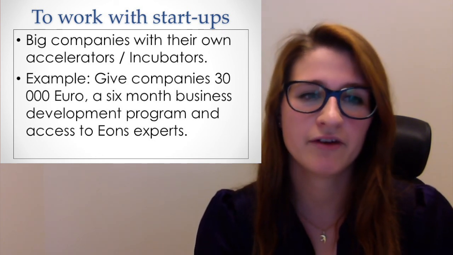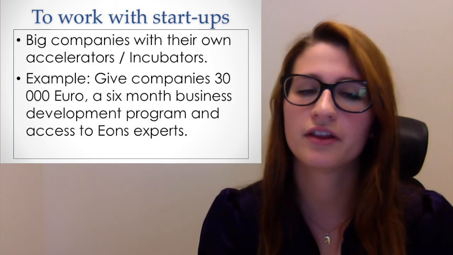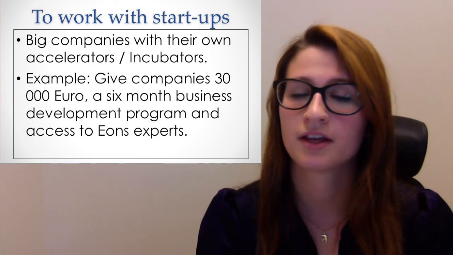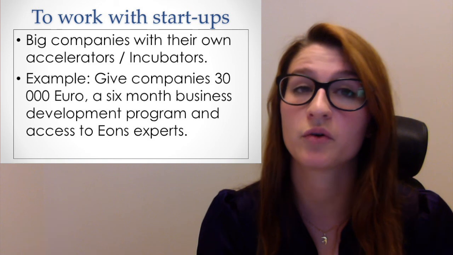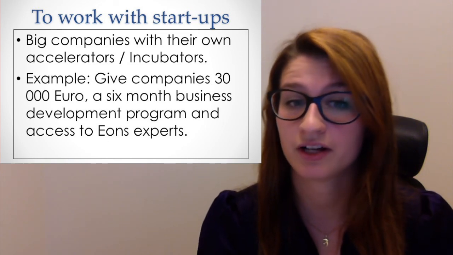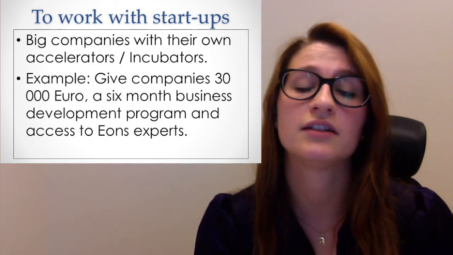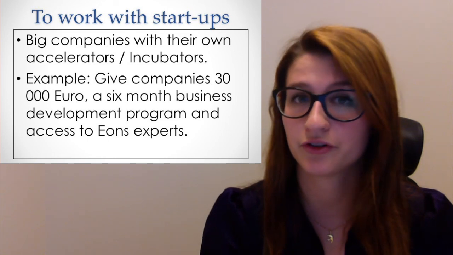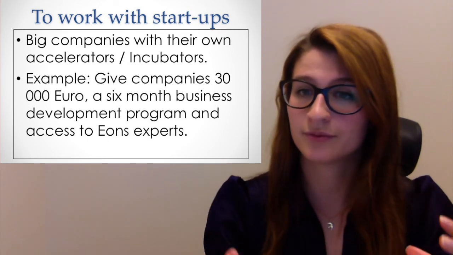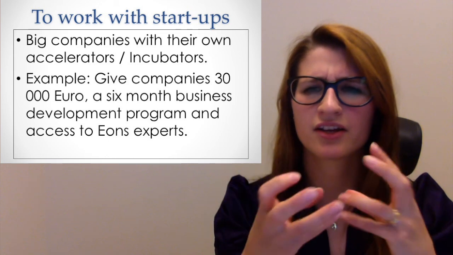They give companies 30,000 euros and a 6-month business development program, so you can apply for that. They also give these companies access to E.ON's experts. In this way, they hope that they will create a creative environment and gain something themselves as well.